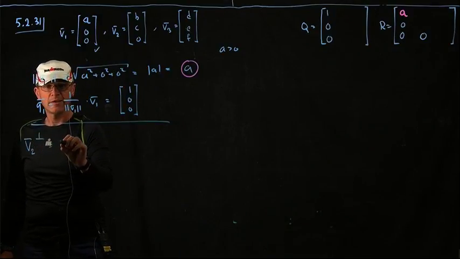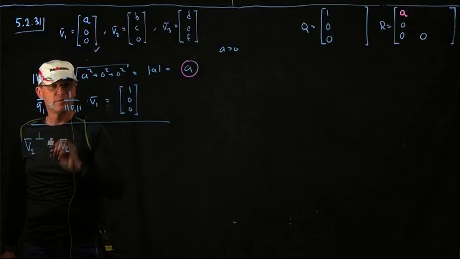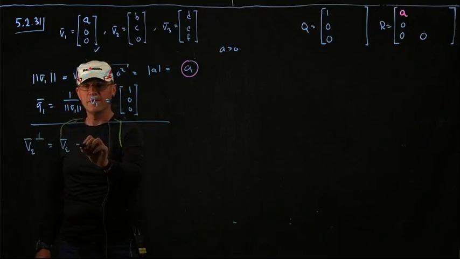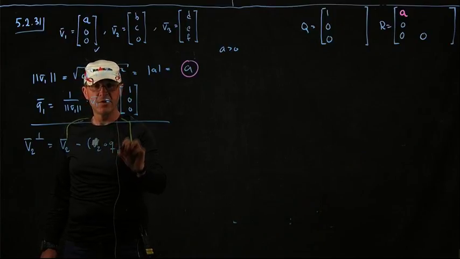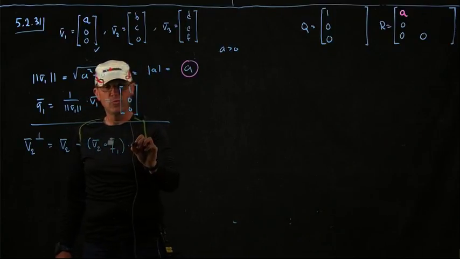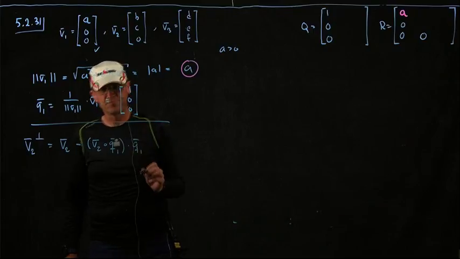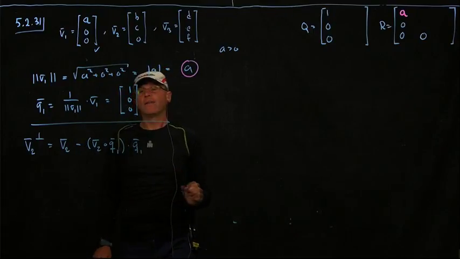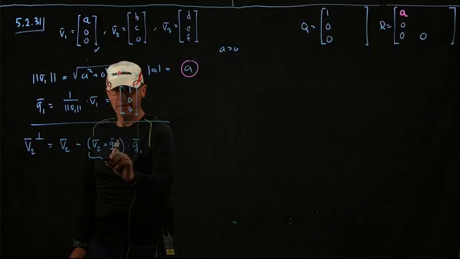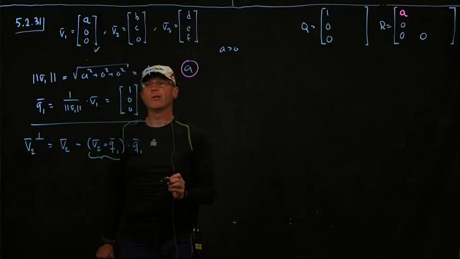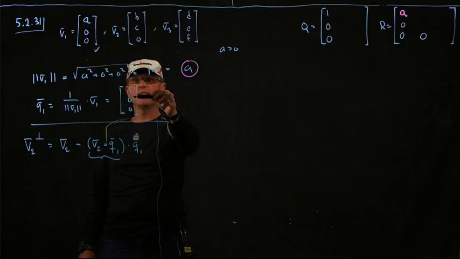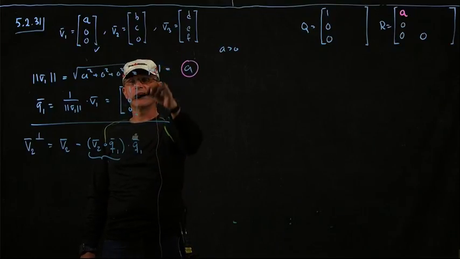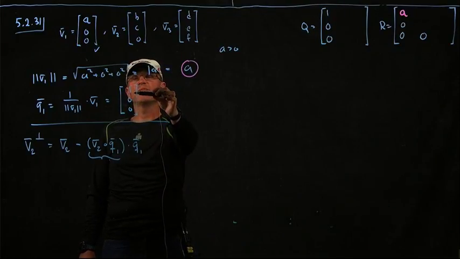That is the original V2, then we subtract V2 dotted with Q1, put in the Q1 direction. Now the dot product V2 Q1 is very friendly. What pops out is, we have 2 zeros for the last 2 components and we have a 1 in the first component.